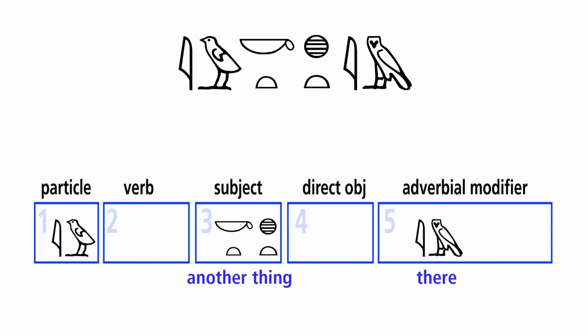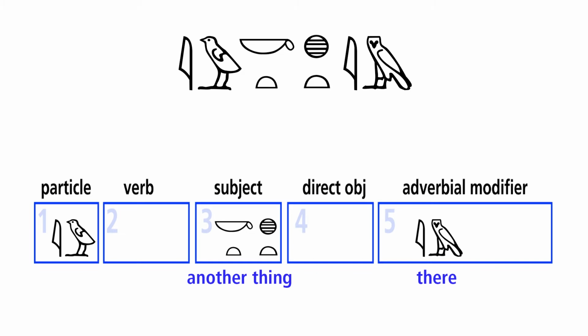Slot 3 contains 2 words. Kt xt, another thing. Kt meaning another, that's one of the adjectives described in the last language video, and xt is the word for thing. And they're both in the feminine. Nothing is in slot 4.